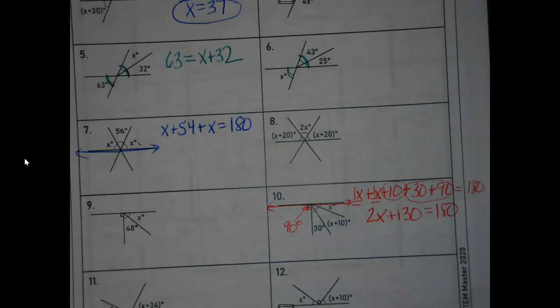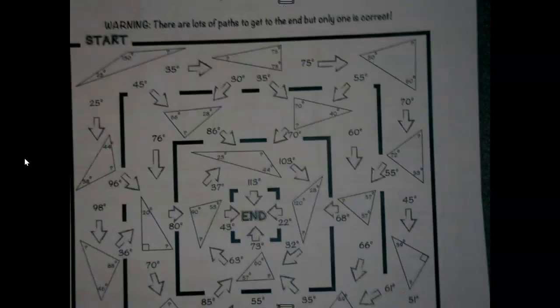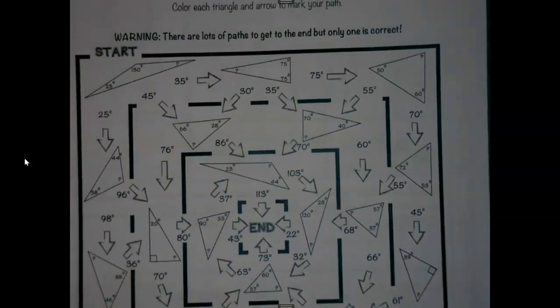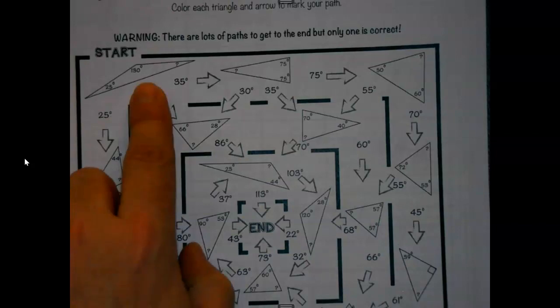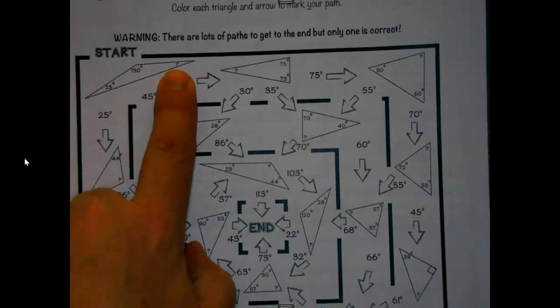The last thing in this packet, which I said, if you need to change it up a little, isn't a terrible idea. On the back, it looks like chaos. It is not chaos. So we're going to begin at the start. And my job here is to look at this first triangle and figure out what the mystery angle is.